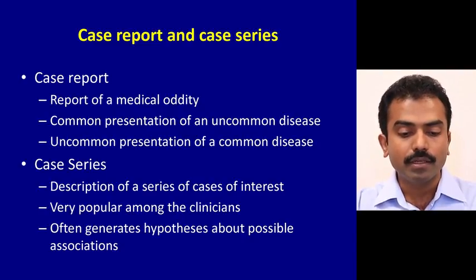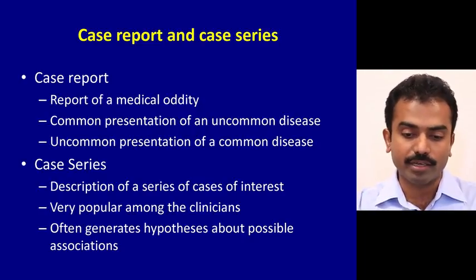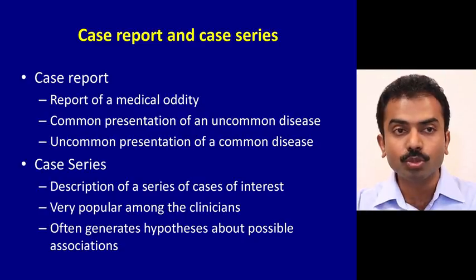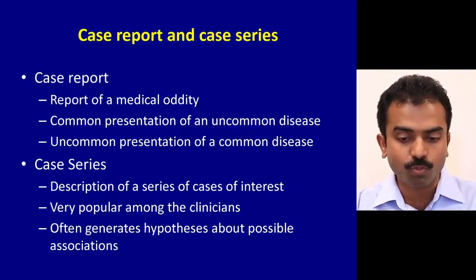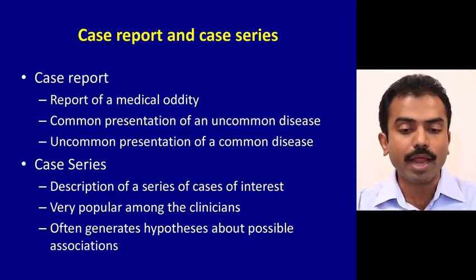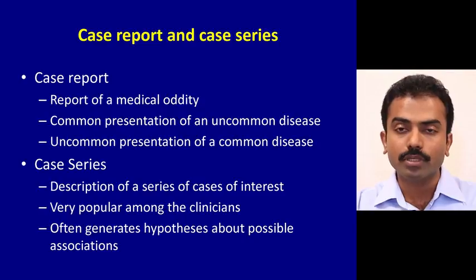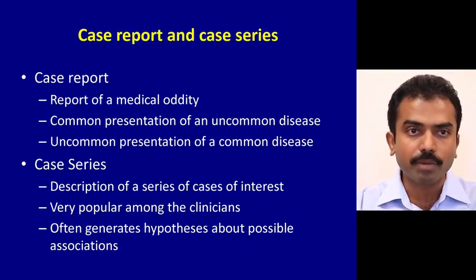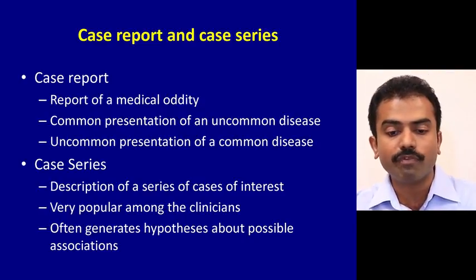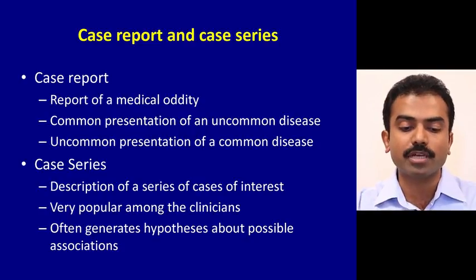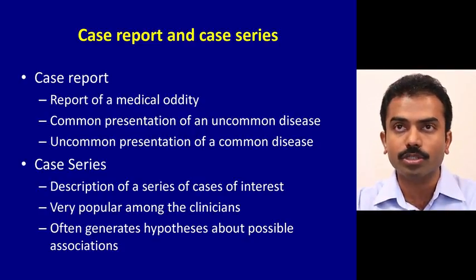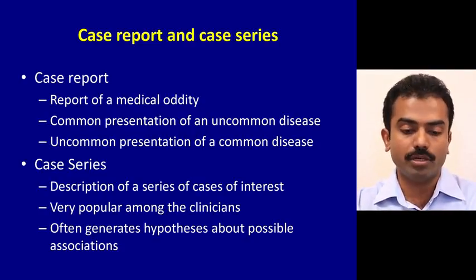Somebody said that exceptions to the general rule, even if it is one, is important. And this is the topic that gets into case reports. For example, all our knowledge about which part of the brain is involved in which function actually comes from several case reports among brain injured patients.